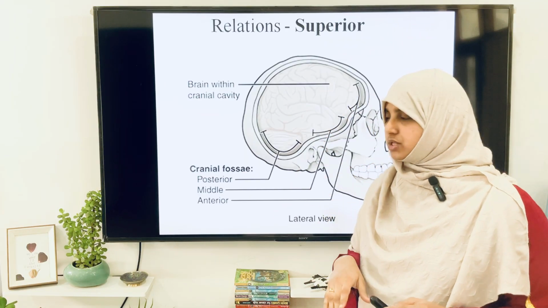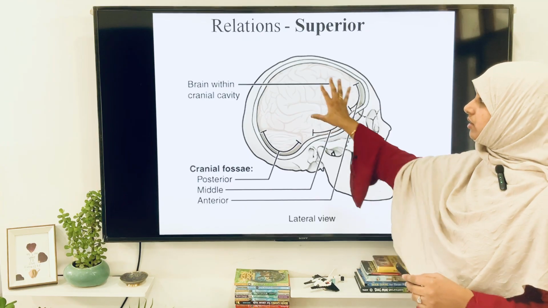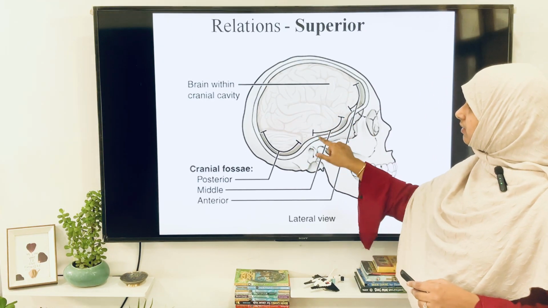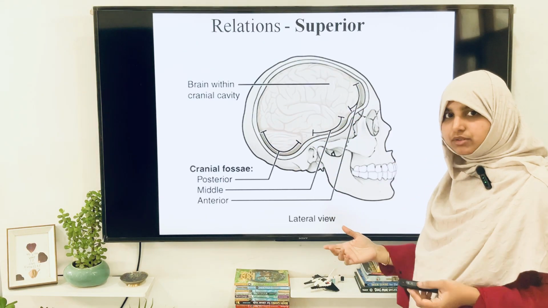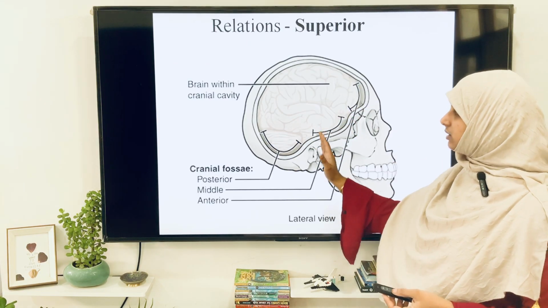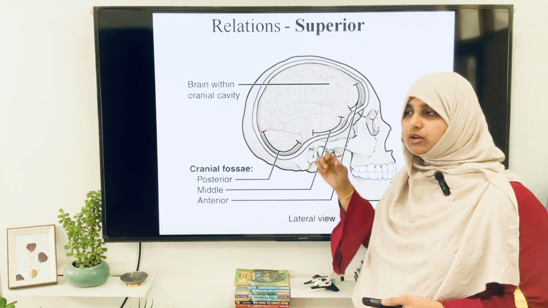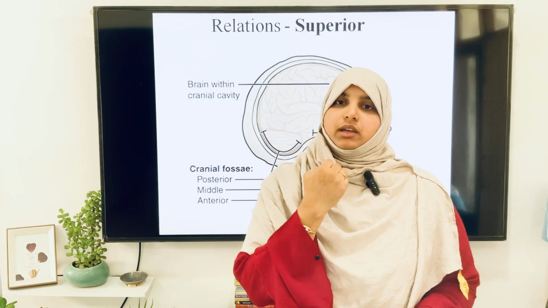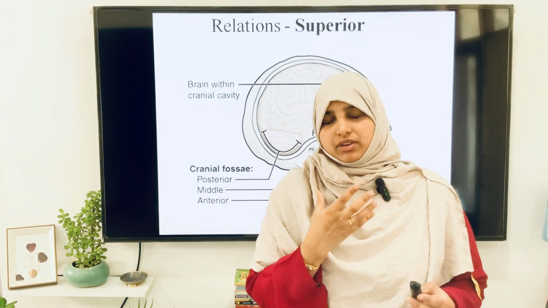Next, it's very easy: superiorly, who is related, and below, who is related to this TMJ. As you can see, this is our TMJ, and above what do we have? The cranial cavity, right? In the cranial cavity we have the anterior cranial fossa, middle cranial fossa, and posterior cranial fossa. Above it is going to be the middle cranial fossa. If a patient gets a nice blow from below, imagine, it doesn't usually happen, the skull bone is very strong.